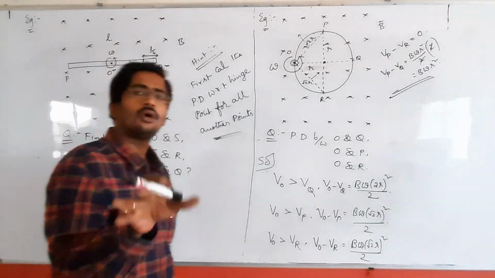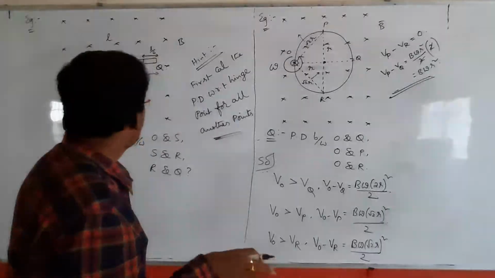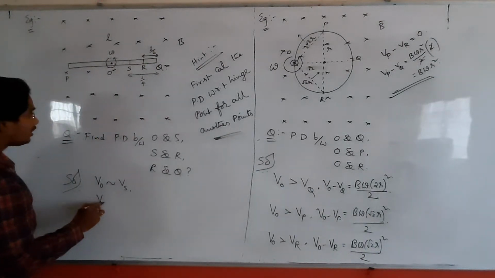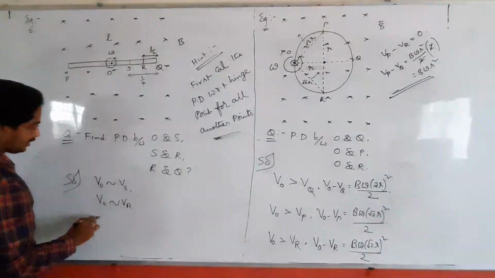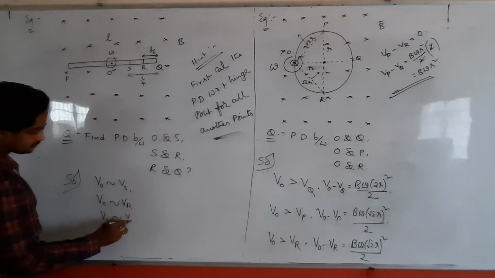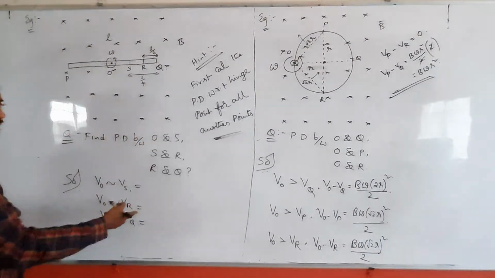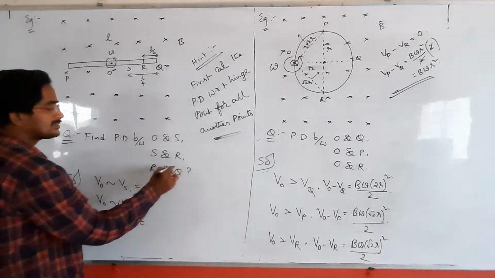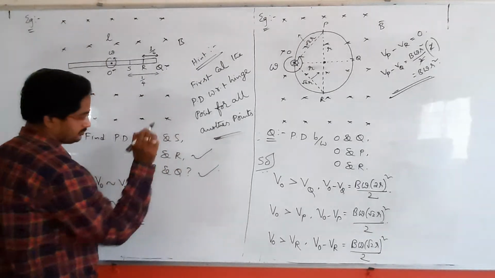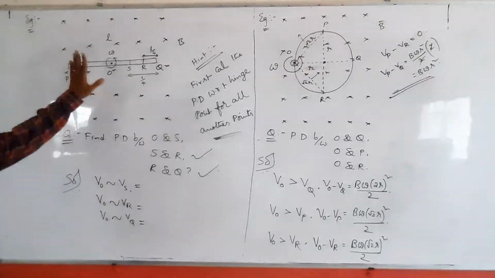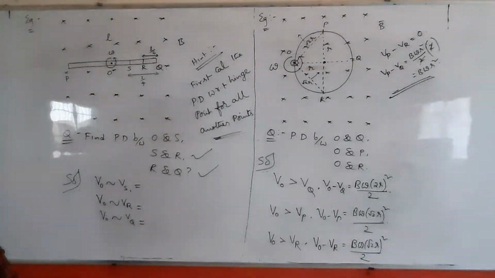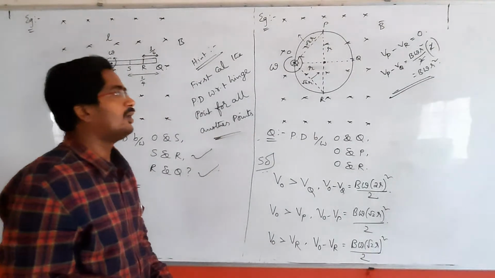I don't know, you have to do it as your homework. Similarly, VO and VR, VO and VQ. First you find them and then write the potential difference across S and R or R and Q. Okay, do this problem as homework.